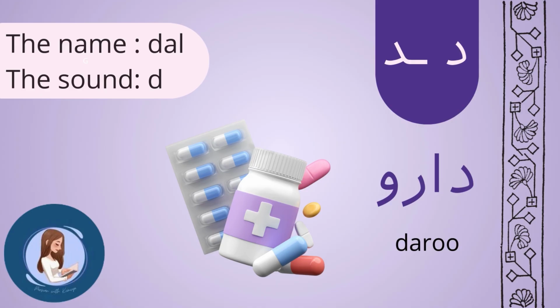As you can see here, I have two appearances of how the letter dal or de should be written. The first one is how it is written separately, and the second one is how it is connected. In this example, daru, all the letters will be written separately, because it's how it should be.